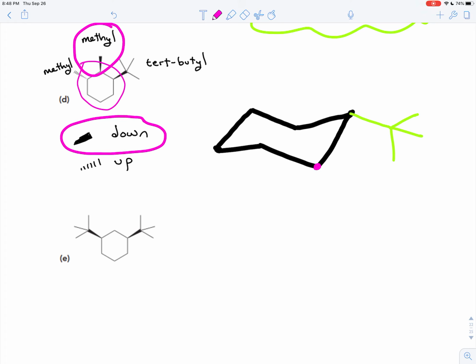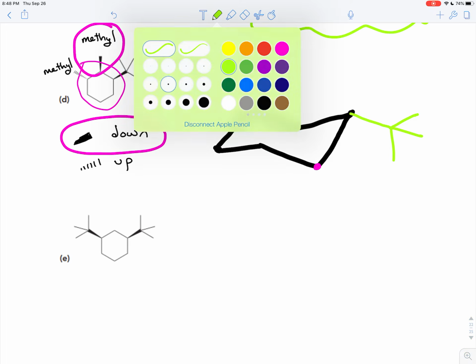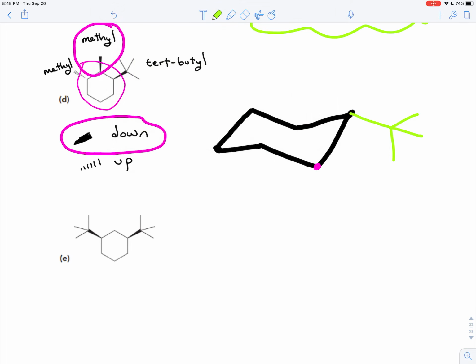And we want the group pointing down here. Remember, though, that the branches alternate. So if it's down equatorial on this carbon, then equatorial is going to be up on that carbon. They alternate.